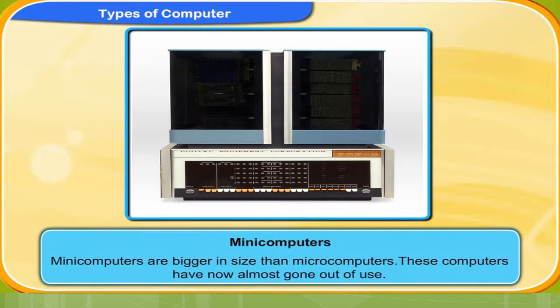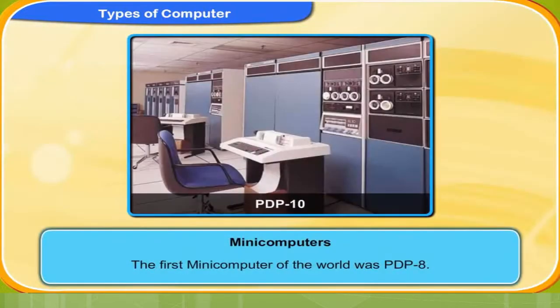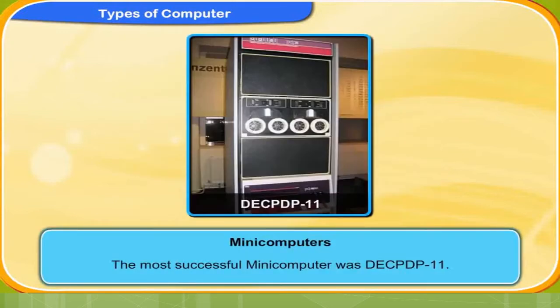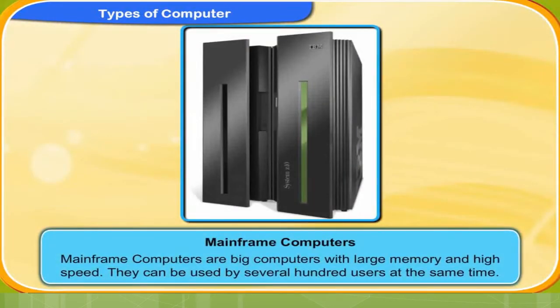Mini computers are bigger in size than microcomputers. These computers have now almost gone out of use. The first mini computer of the world was PDP-8. The most successful mini computer was DEC PDP-11. Mainframe computers are big computers with large memory and high speed.